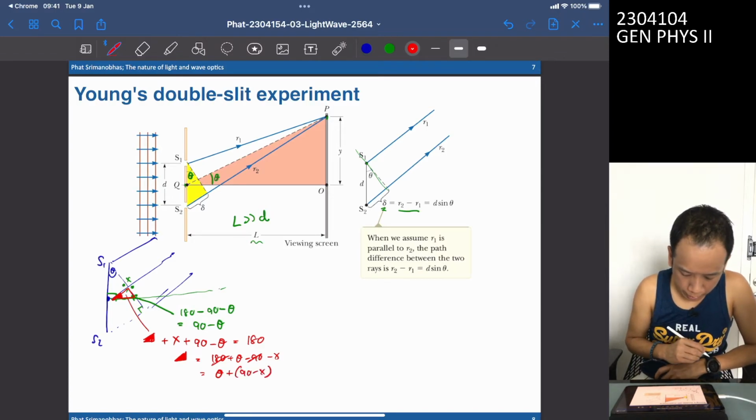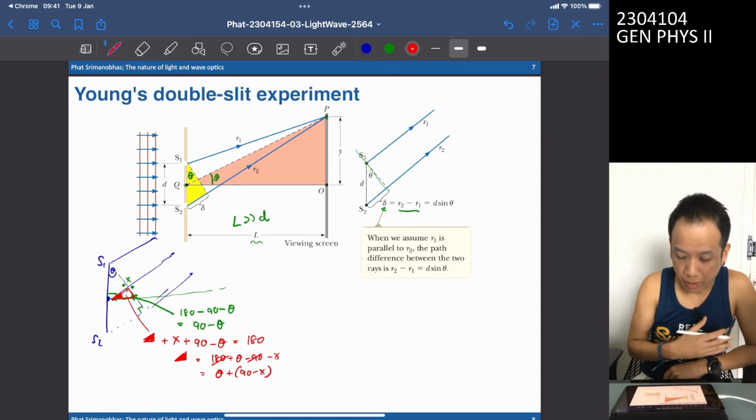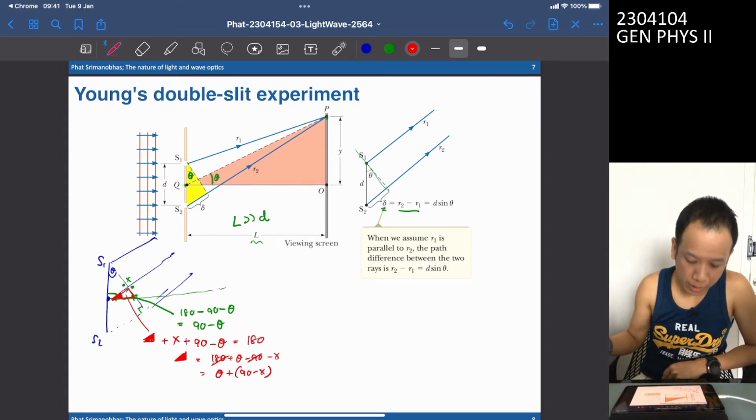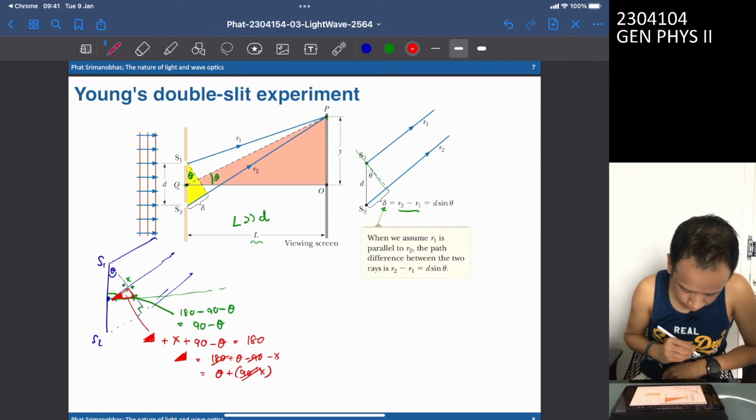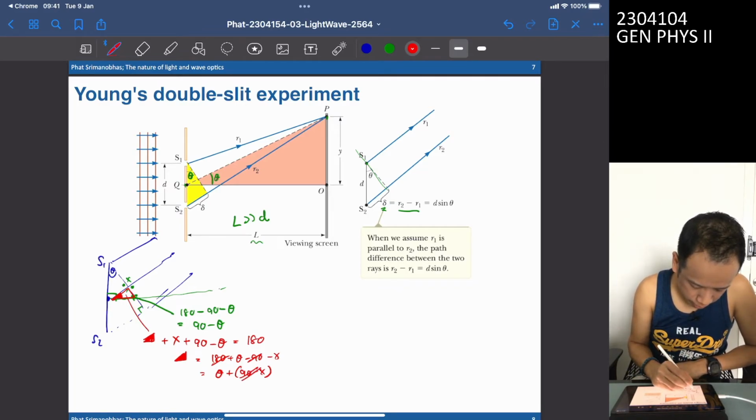If L is very long, we treat x as 90, so the angle we consider is theta.